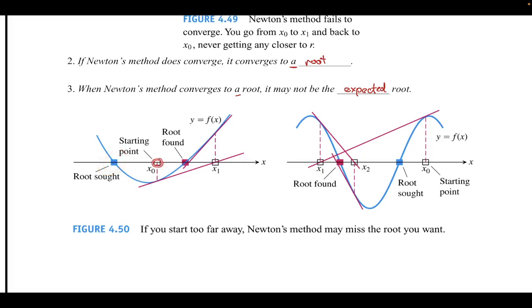But you can see right here, we take an approximation that's fairly far away. So we draw the tangent line, look at its x-intercept to get our first approximation, draw another tangent line, look at the x-intercept, get our second approximation. You can see that we would converge to here. Basically, we're not going to get this one unless we're over here on this left part of the graph.